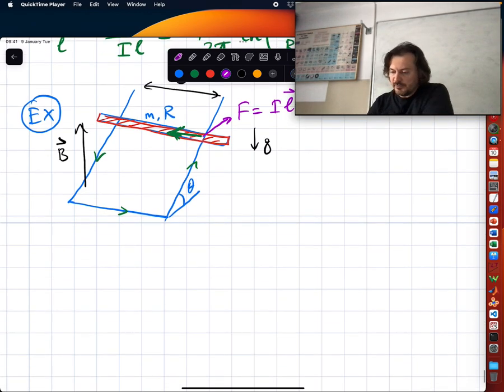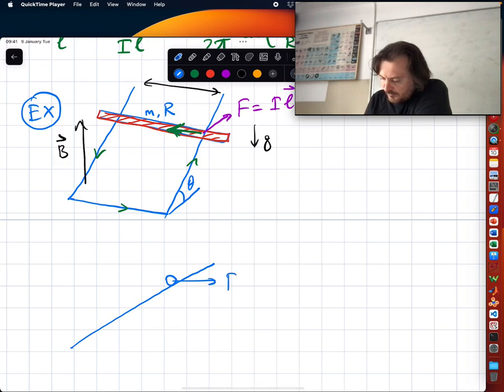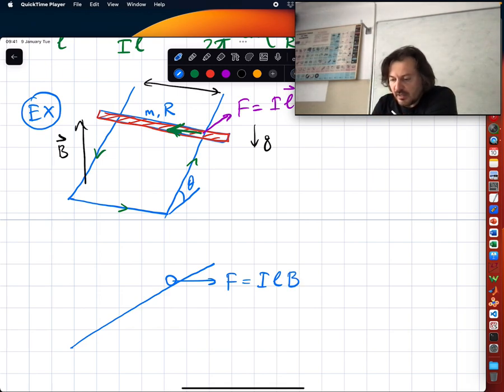So if we look from the side, there is a force I L cross B in this direction, and I and B are perpendicular, right? I'm talking about the rod, just the rod, not the rails.